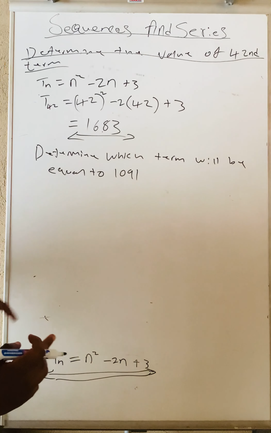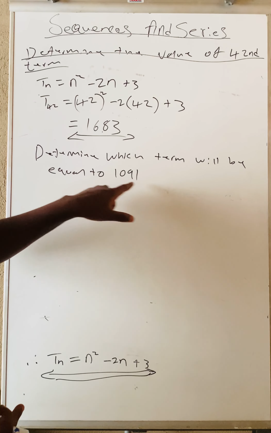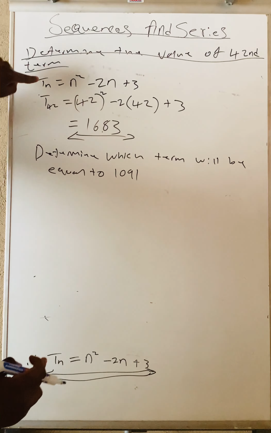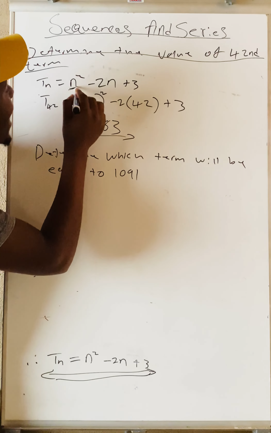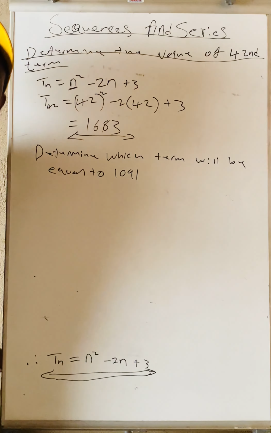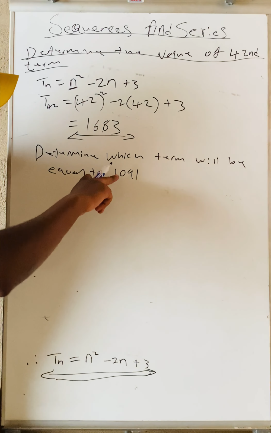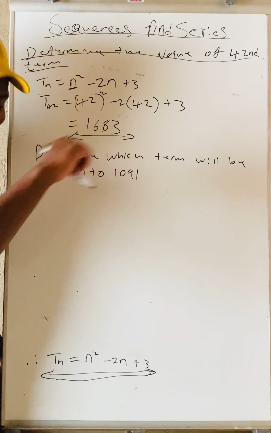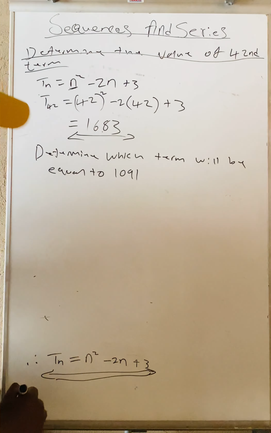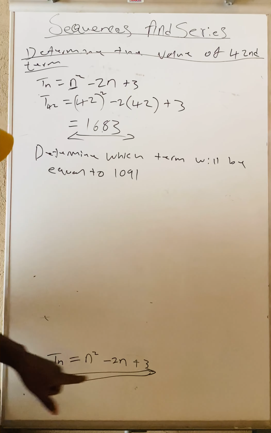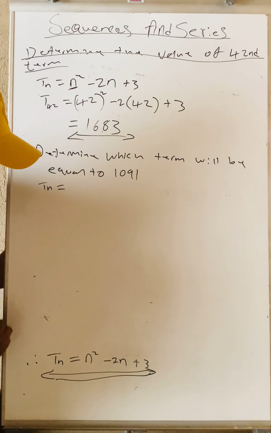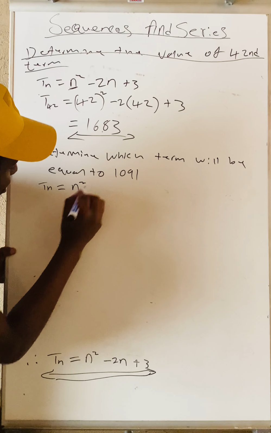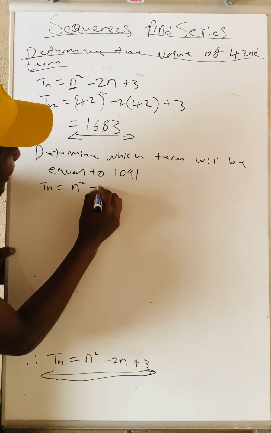Which term? Here we are given Tn. We want what? Our n, right? Which term it will be equal to 1,091, right? From here, from our formula, you can write your formula, say Tn is equals to n squared minus 2n plus 3, right?